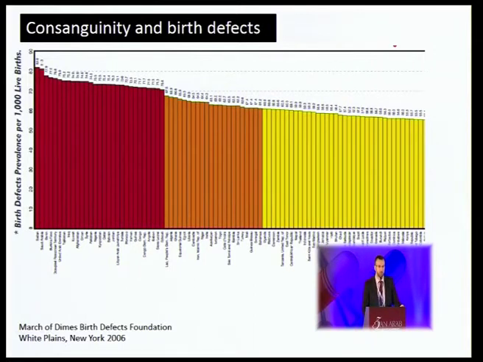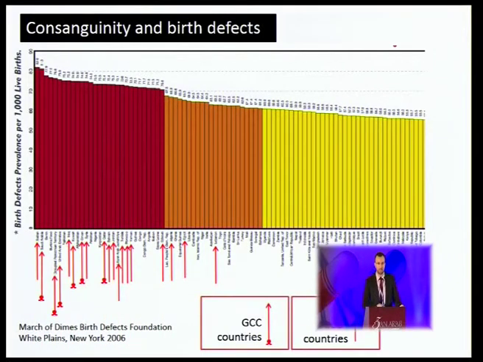We do occupy the first places on birth defects, for example, compared to other parts of the world. I'm not going to talk in depth about this because we have a full session for consanguinity anyway. But these analyses are important for describing the situation in the Arab world.